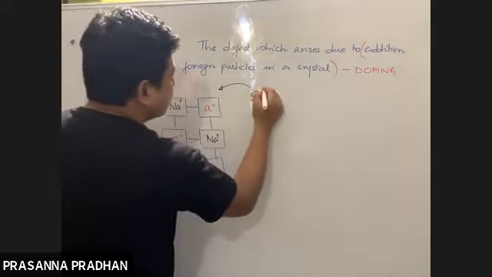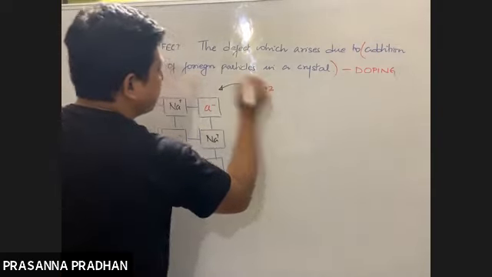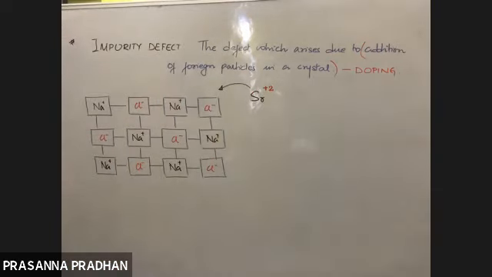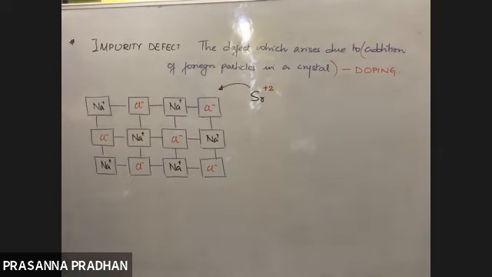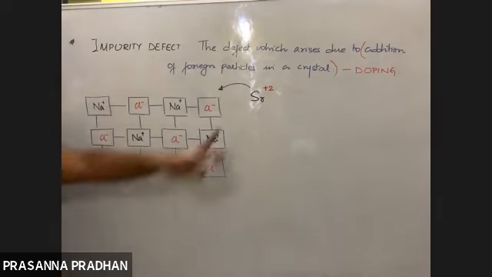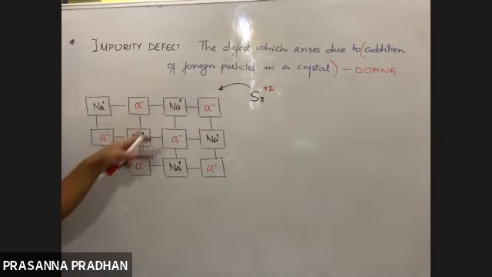Strontium का charge है +2. So if I add strontium ion, which ions will be replaced by strontium? I'm adding a cation. So obviously, कौन सा ion replace करेगा strontium? Cation, मतलब sodium ion.